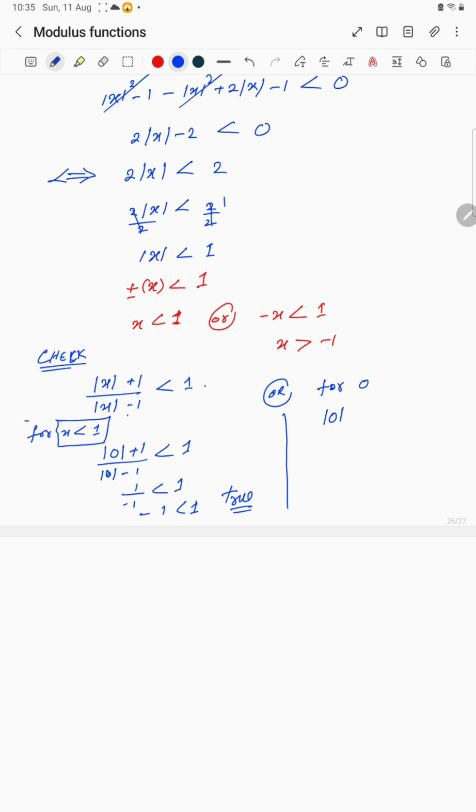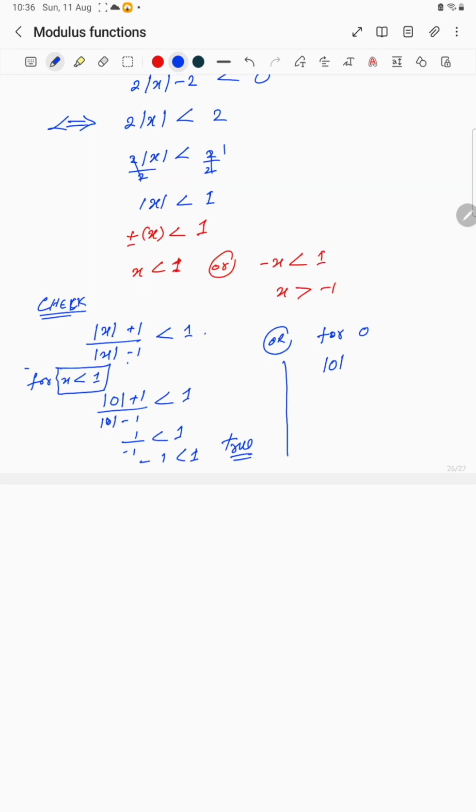Yeah, 0 is fine. 0 plus 1, again the same values you will see, minus 1 is less than 1, so it is true. So the final answers are either x is less than 1 or x is greater than minus 1.